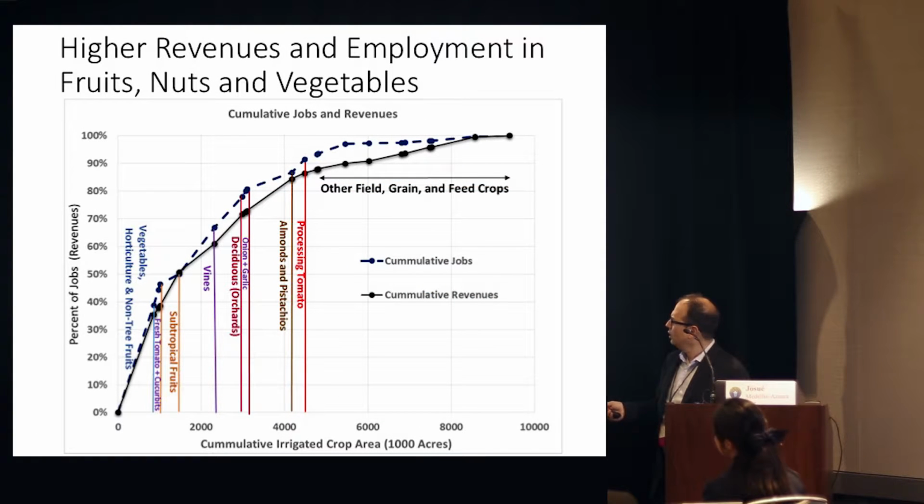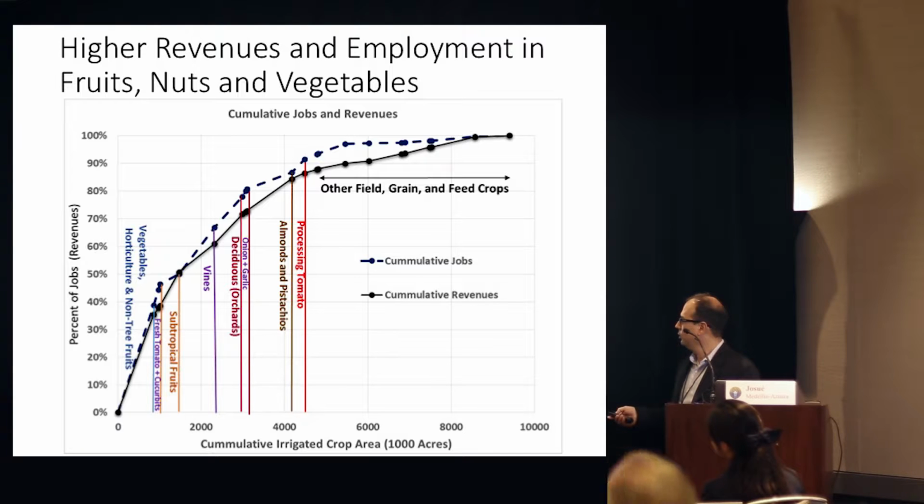I like this chart a lot that we prepared at the center, which shows the cumulative acres in the state. We have about 9.3 million acres, and we order those by agricultural value, acres, and employment too.